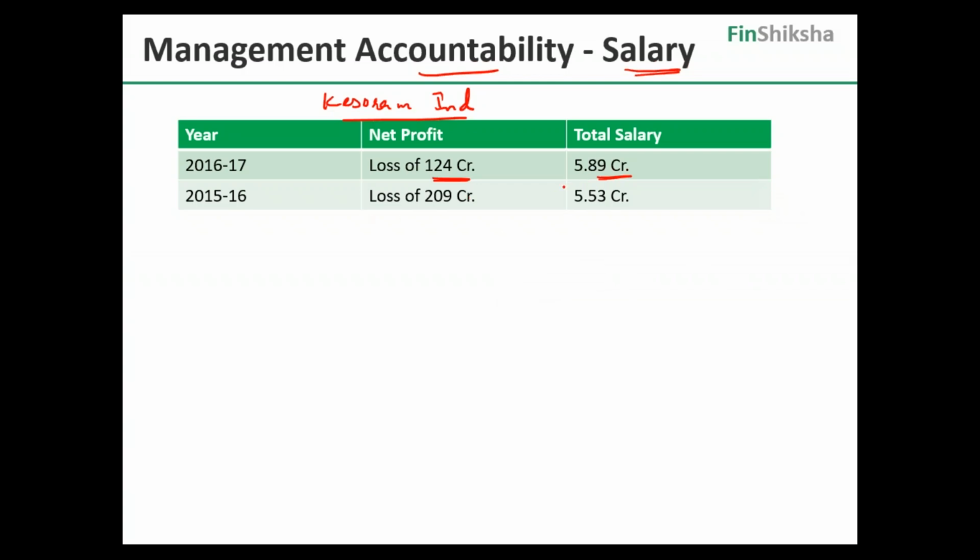So some companies, despite continuous losses, keep on drawing the salary, which is again a red flag. Companies should refrain from doing that. So, for example, if you take an example of Supreme Infra, last year they did not withdraw any salary.